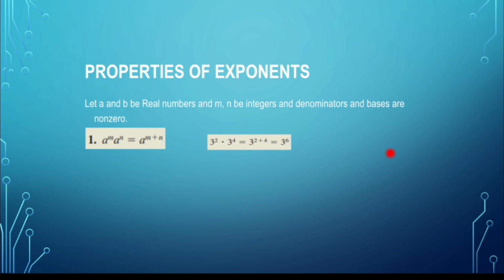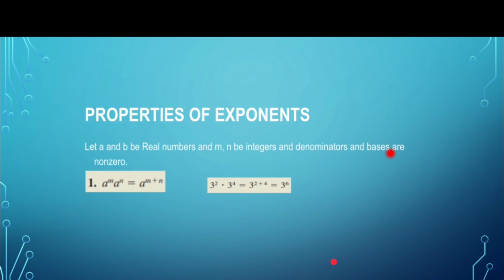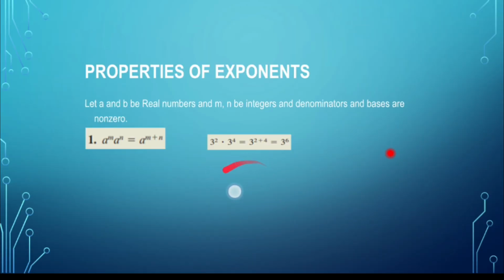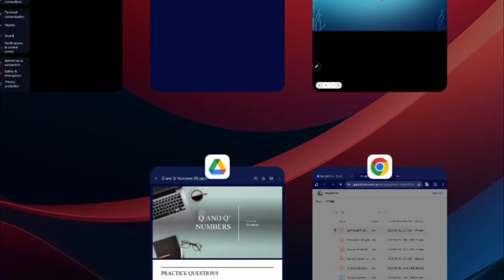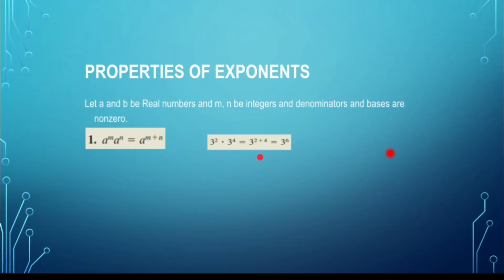Look at the example. Over here, the first number is 3 square and the next is 3 power 4. So here the base would be written once, and both the powers would be written with addition. So that means it would become 3 to the power 6, or 3 with the exponent 6.